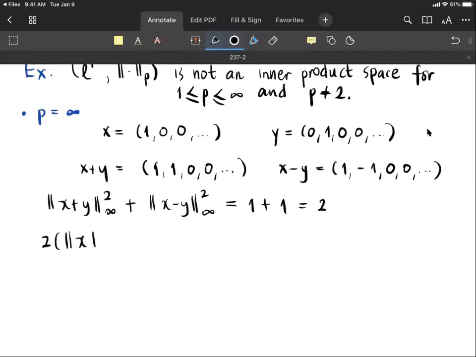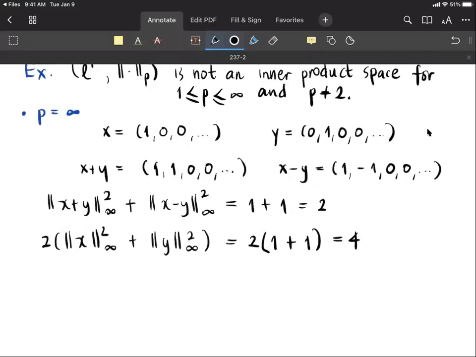Well, in the case of the right-hand side in the parallelogram law, what would be the infinity norm, or the sup norm of x? Well, x has components either 1 or 0, so the sup is 1. That is also true for y, okay, and we have 4 here.